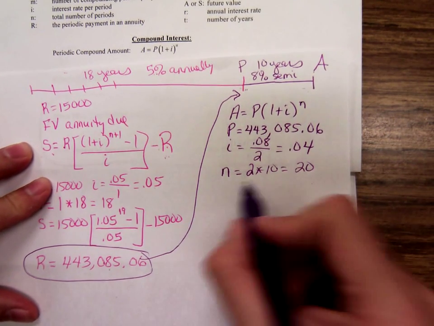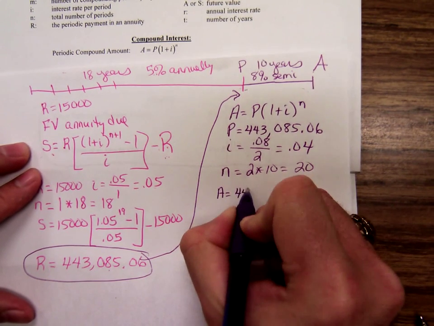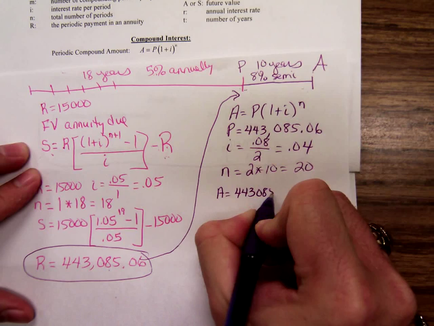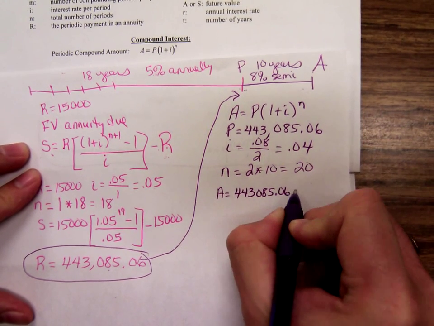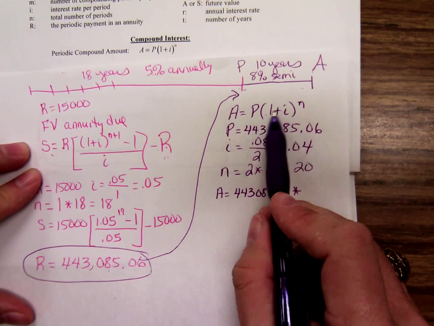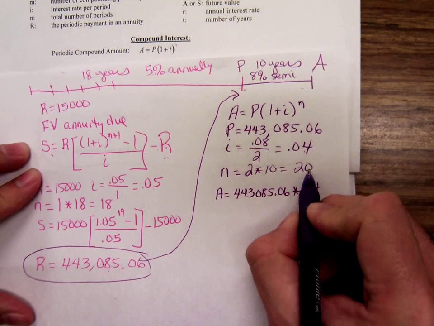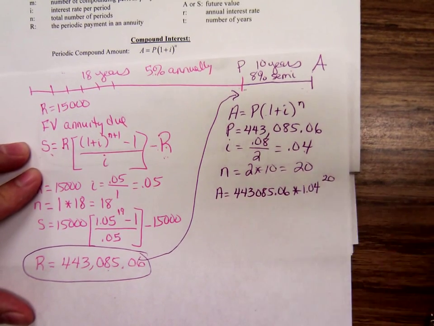Now plugging in, A equals P times, and I'm going to do the 1 plus I thing in my head. 1 plus 0.04 is 1.04 to the n power 20.